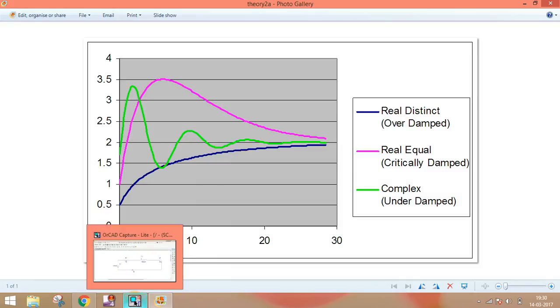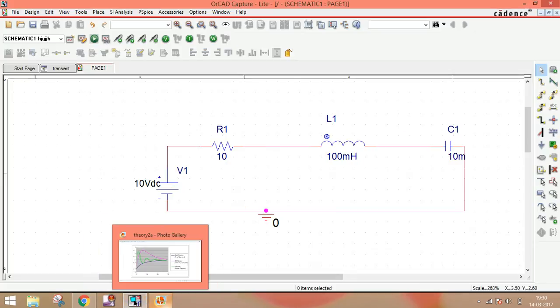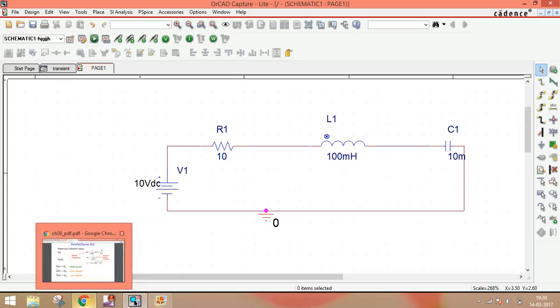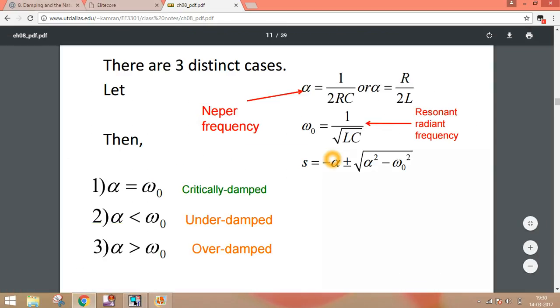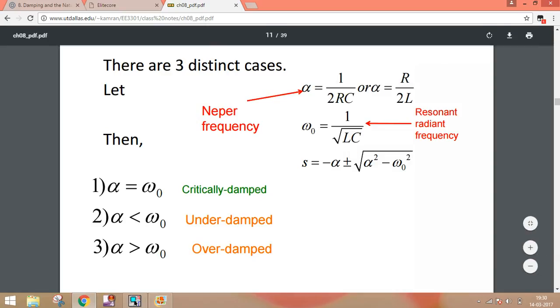Now go to here. We have to choose the values of resistance, inductance and capacitance. This condition will give you the values of resistance, inductance and capacitance. When alpha is equal to omega naught, meaning R by 2L is equal to 1 by root over LC, you get one equation for critically damped, that is alpha equals omega naught.